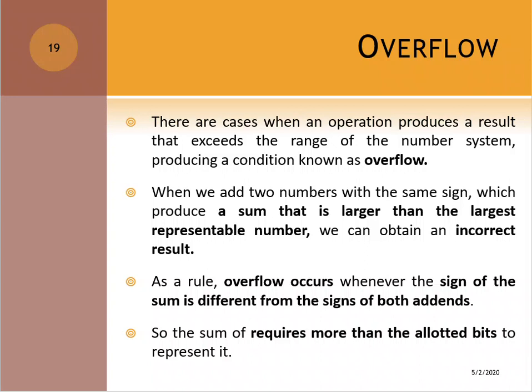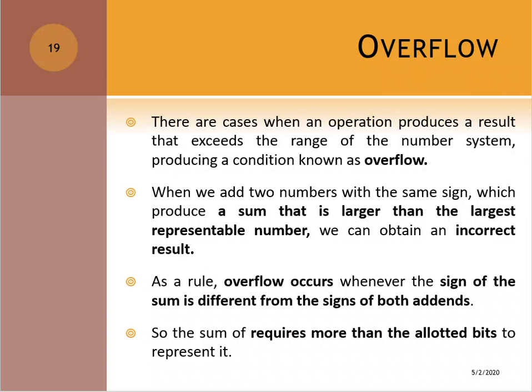For example, when we add two numbers with the same sign, which produce a sum that is larger than the largest representable number, we can obtain an incorrect result. As a rule, overflow occurs when the sign of the sum is different from the signs of both addends. So the sum requires more than the allotted bits to represent it.